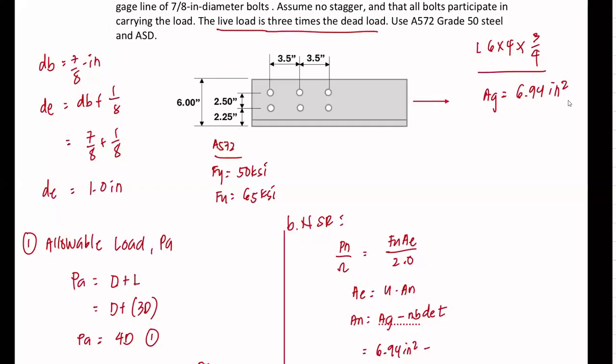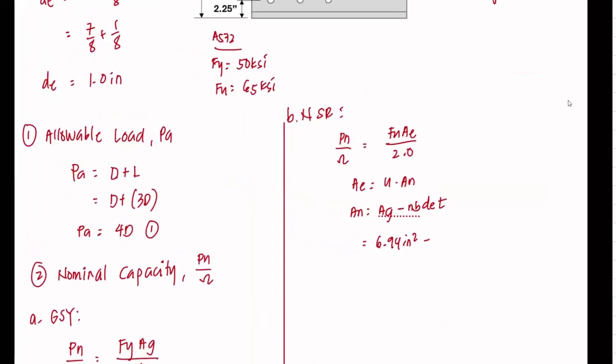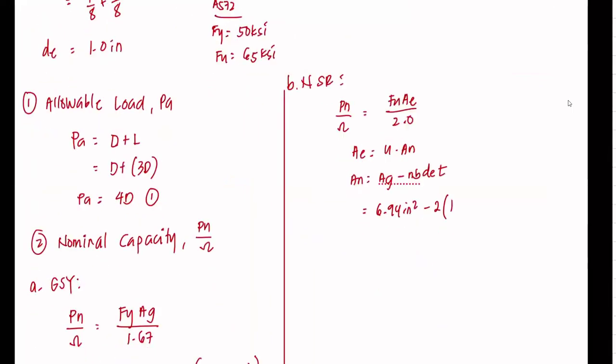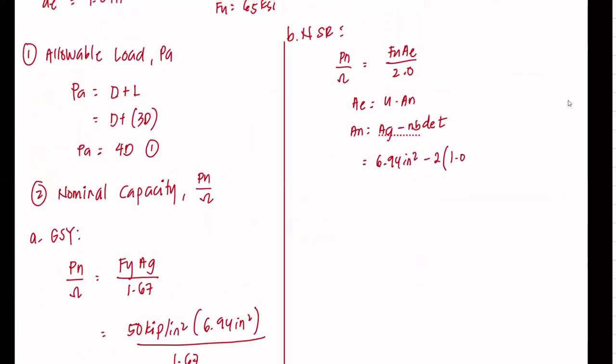So again, it means this is the possible path our rupture will take, this bolt. And the number of bolts there is two. We have 2 bolts and then our effective diameter that is 1 inch as we calculated earlier.